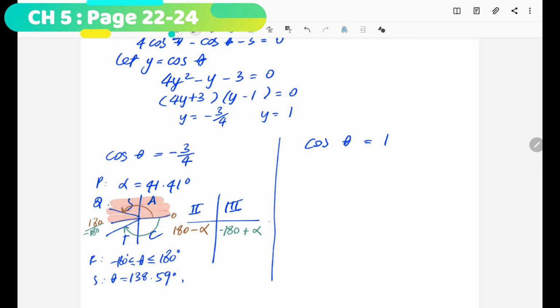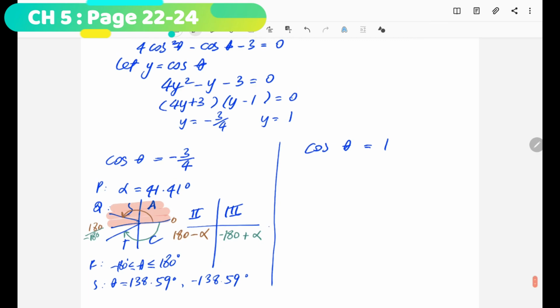So, minus 180 plus alpha. So, I'll get dekat sini minus 138.59 degree. Okay. So, just understand that dia terbalik dekat sini. So, kalau selalunya kita dekat sini negatif 180. Okay, kita akan minus kan. So, it's the opposite. So, minus 180 plus with alpha.